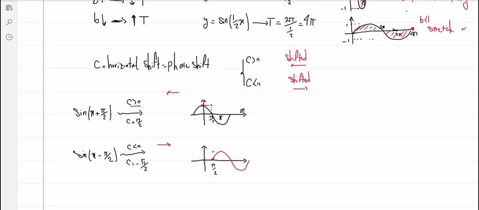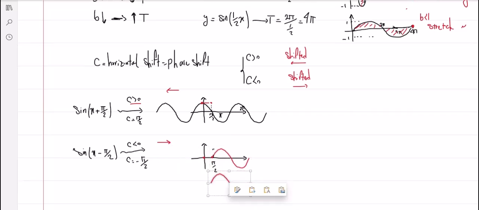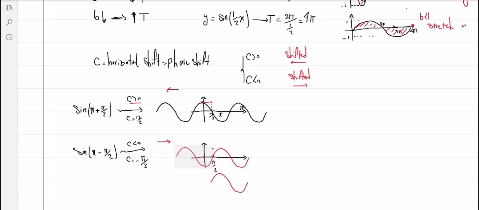To do that, we are just going to copy this function and paste it onto this left side and this right side, so it would be looking like this. And if we do the same for this one as well, it would be looking like this.